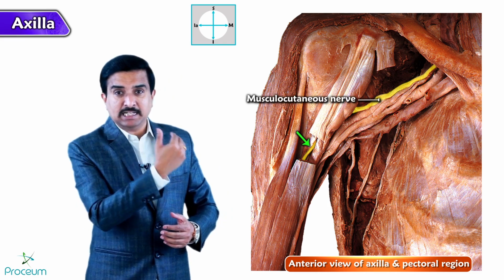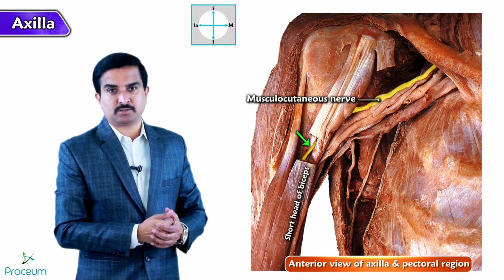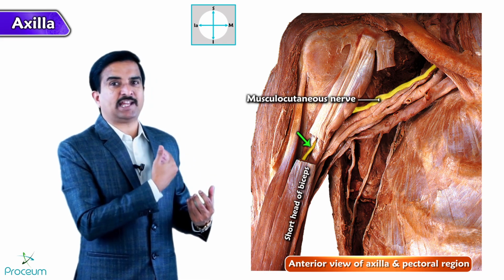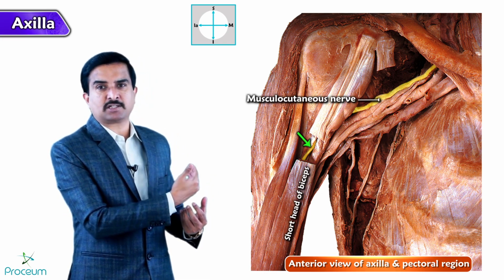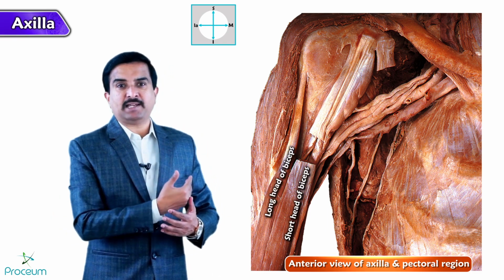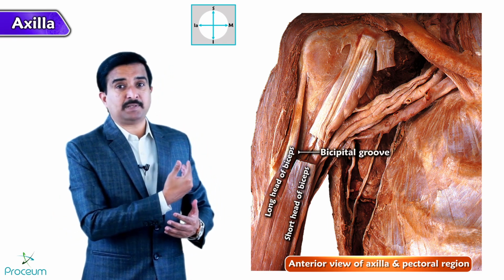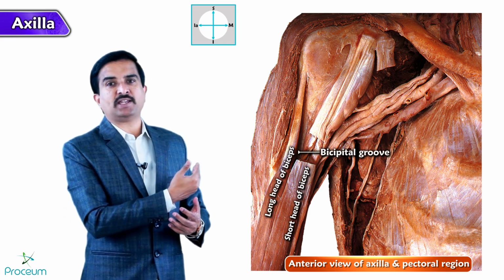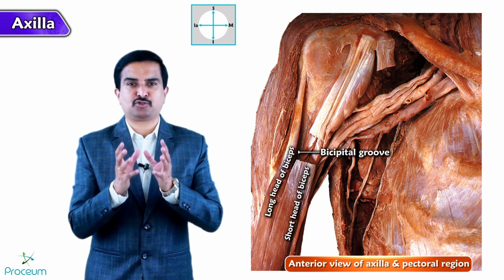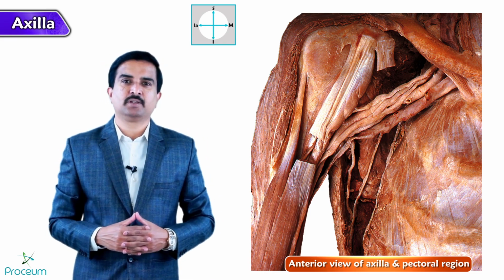It runs deep to the short head of the biceps. The short head is partially cut mainly to expose the musculocutaneous nerve. The long head of the biceps lies in the bicipital groove and joins with the short head to form the main biceps brachii muscle.